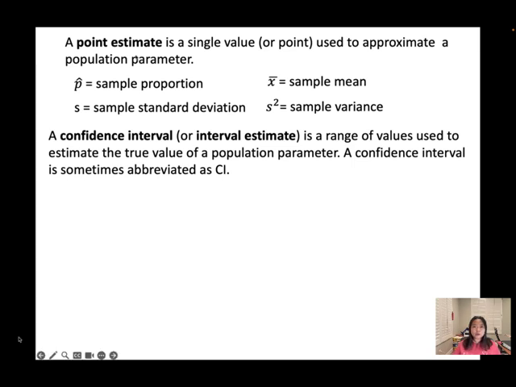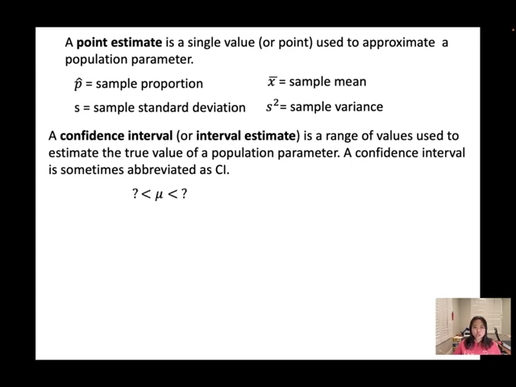We already know how to find the point estimate. You guys know how to find the sample mean, sample proportion, or sample standard deviation, right? We covered it from midterm one. And now we want to construct the confidence interval. That will be a range of values.